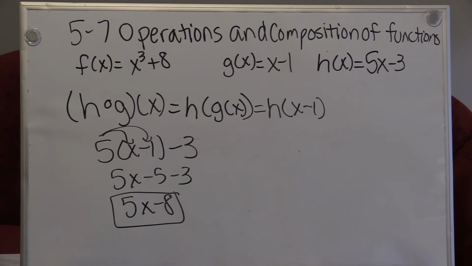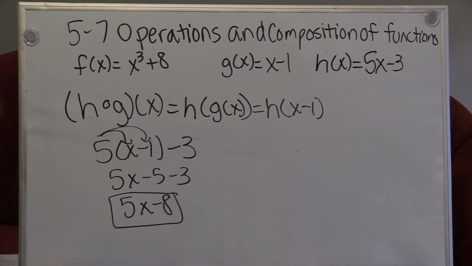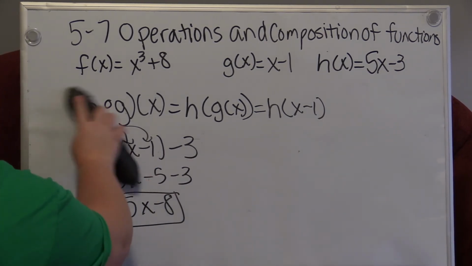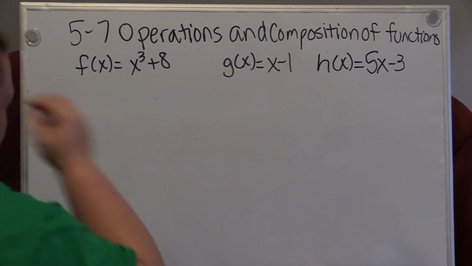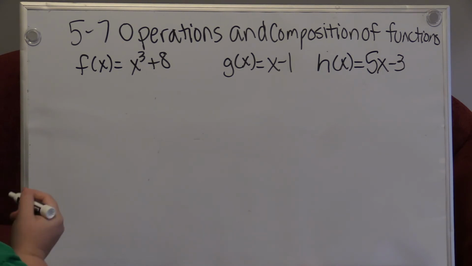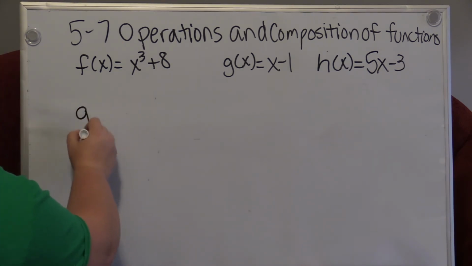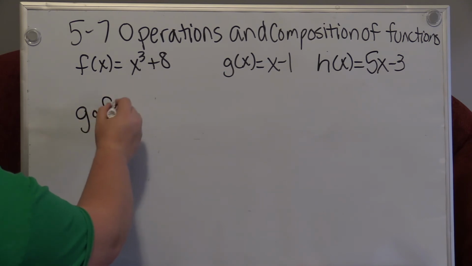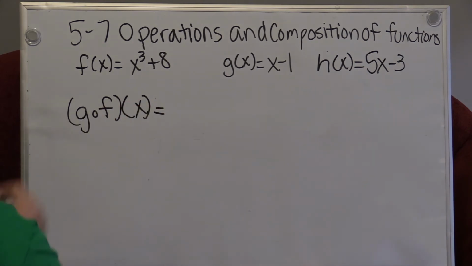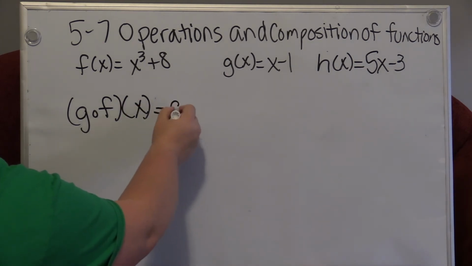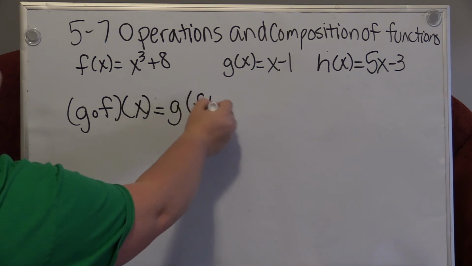Let's do a couple more. Let's do one more, and then we'll do one more with a number. And then we'll be good to go for today. So now I have g of f of x, which becomes g of f of x.